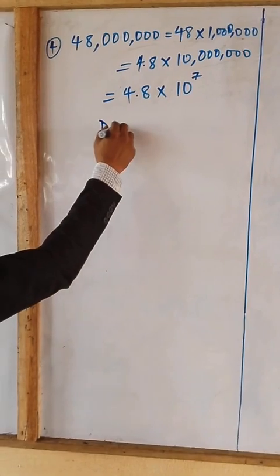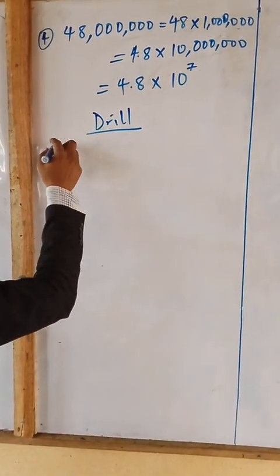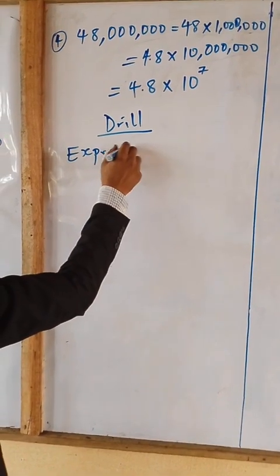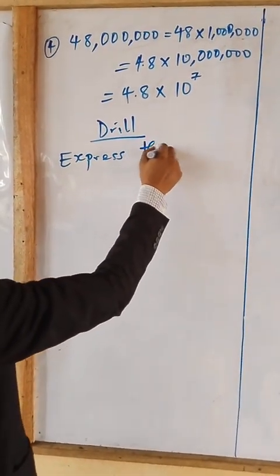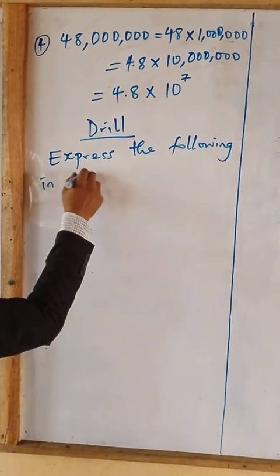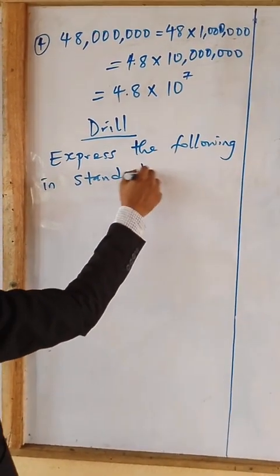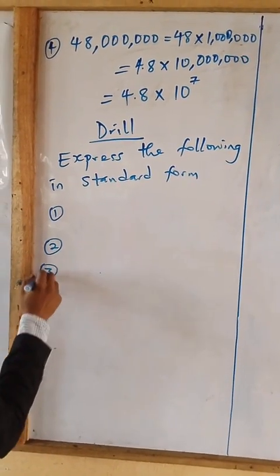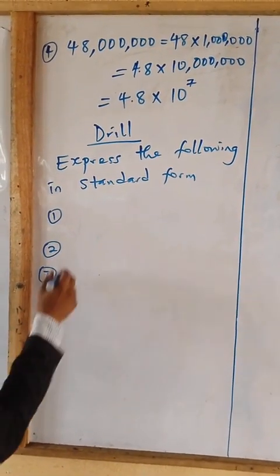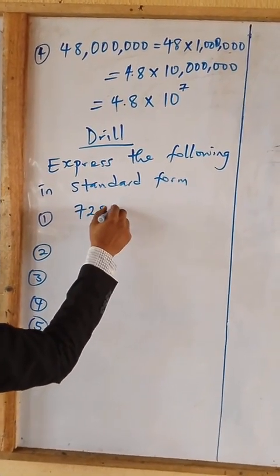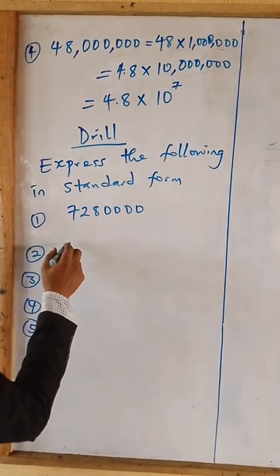So I want you to try the following and put your answer in the comment section. Express the following in standard form. We have 7280000.